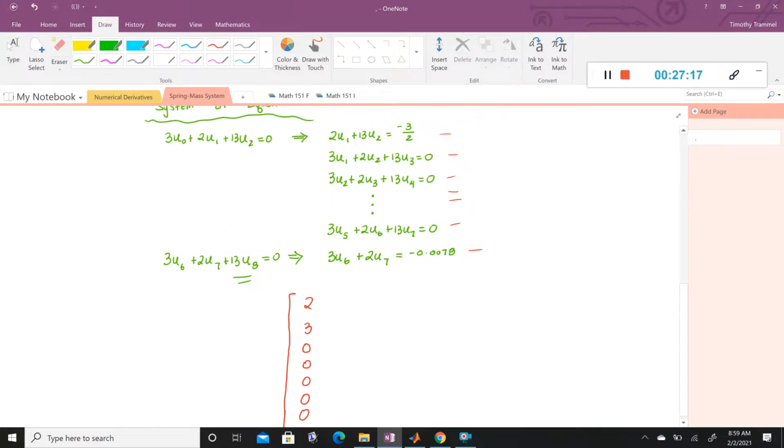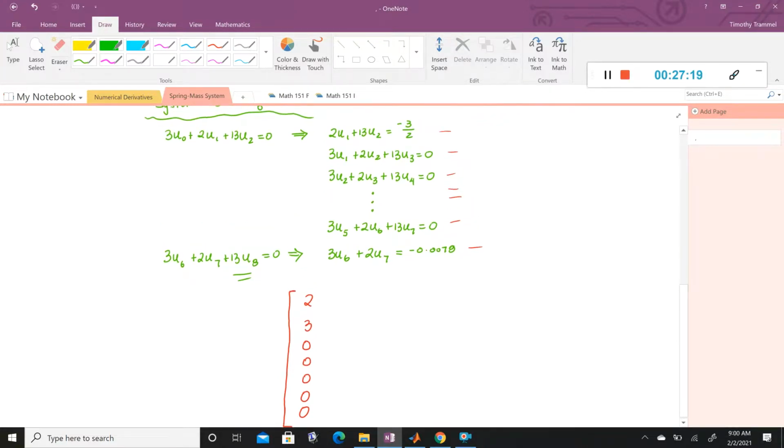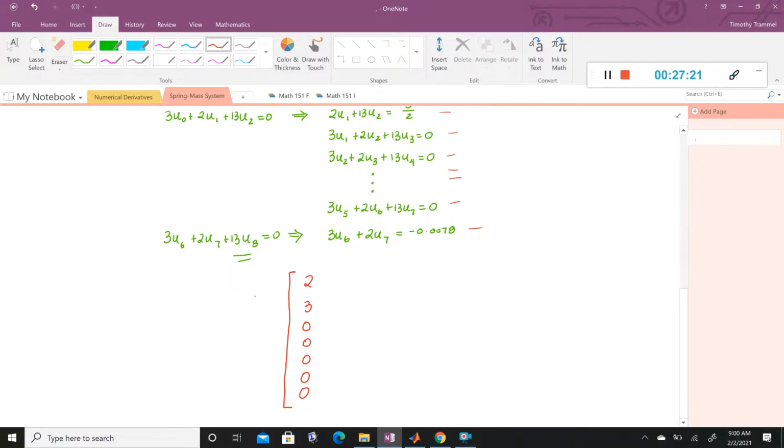And then next, we'll start on the u2s. The first one's a 13. After that, it's a 2. And then our next u2 is a 3. If we move on to u3s, we don't have one in our first equation.